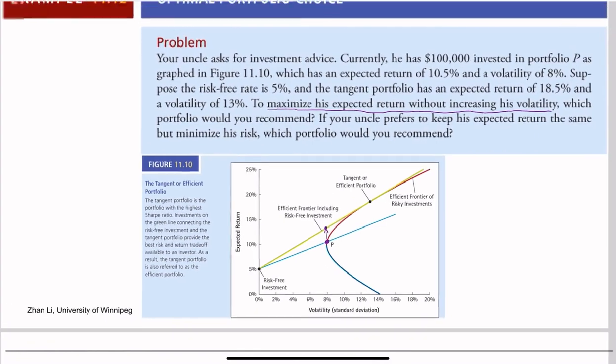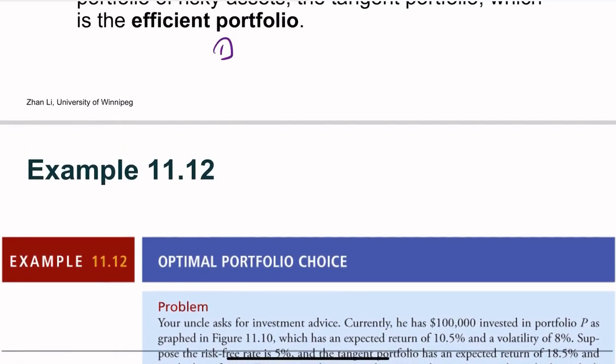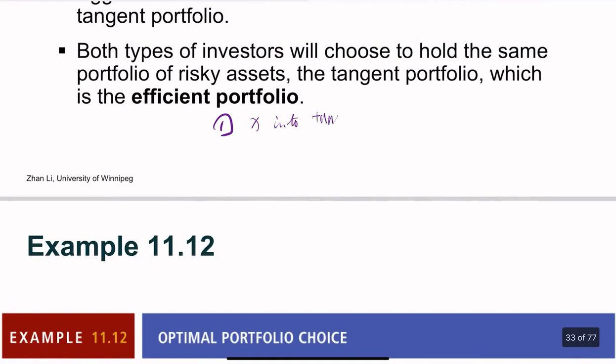Mathematically, how do you solve this? Well, let's assume he would put a fraction of x into the tangent portfolio.